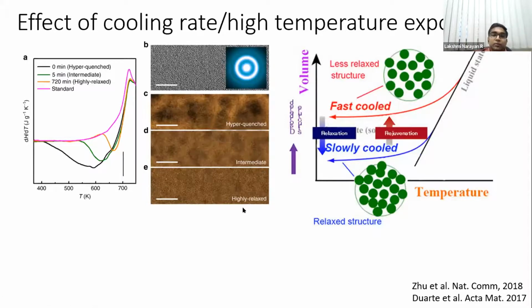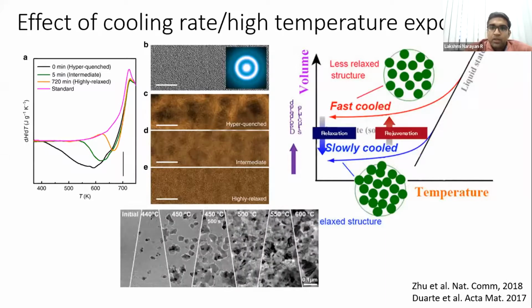In a very highly relaxed material, the amount of free spaces is very, very less. And you can imagine that your shear transformations will not occur easily. Shear transformations are important because they are the unit carrier of plasticity in metallic glass. So you need shear transformations to get activated, but that cannot happen in a highly relaxed material.